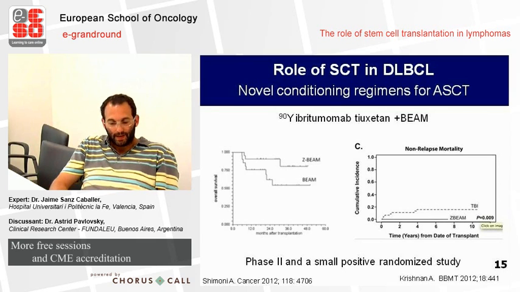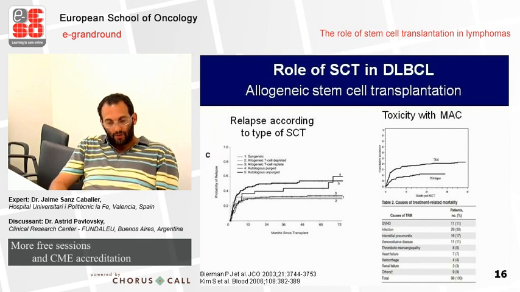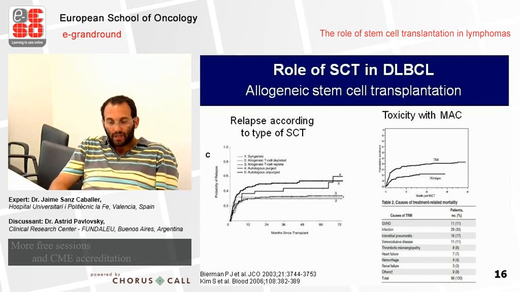Slide number 16. The role of allogeneic stem cell transplantation. It is tempting to look at the outcomes of allogeneic stem cell transplant regimens for patients with high-risk disease, such as those identified in the CORAL study. Unlike autologous transplant, allogeneic stem cell transplant generates a GVL effect that reduces the likelihood of disease relapse after transplantation.